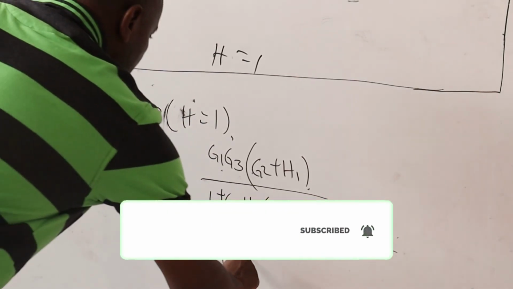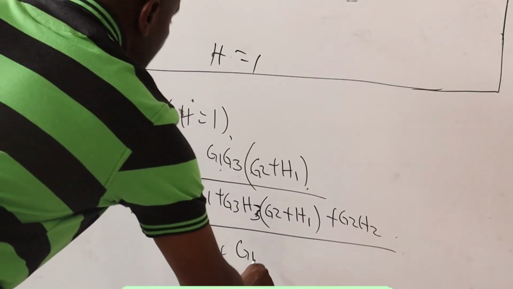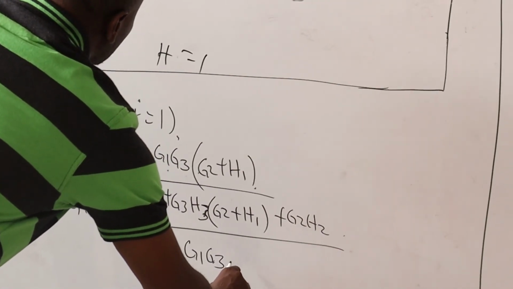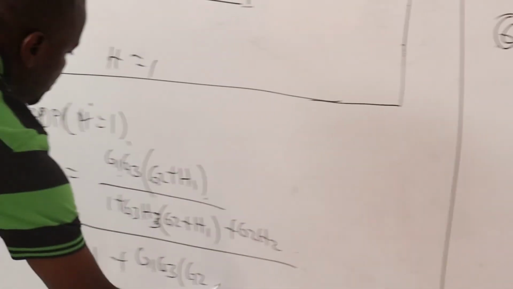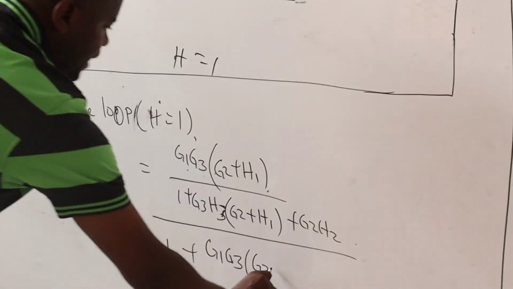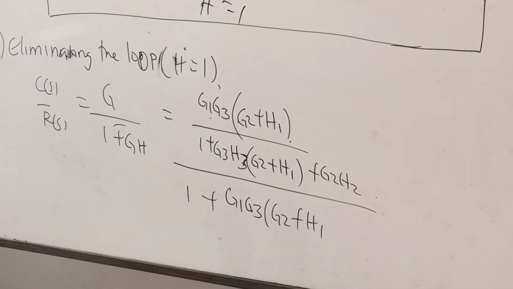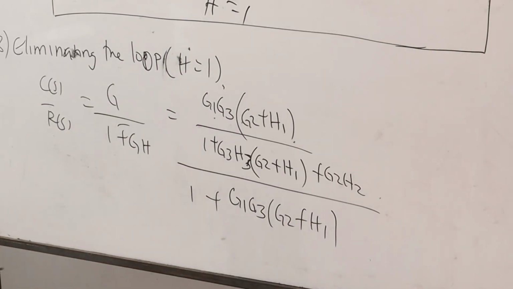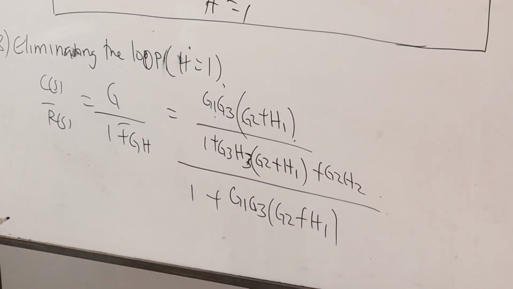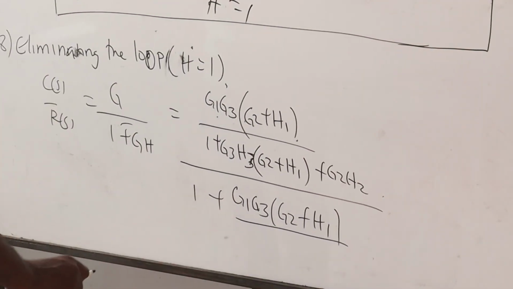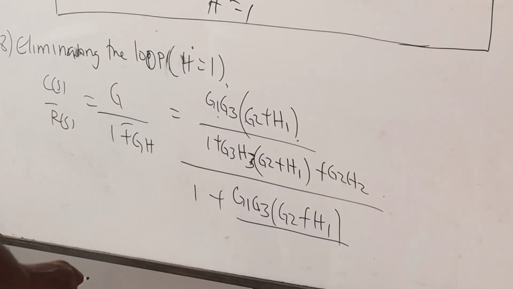So that is going to be G1 G3 into G2 plus H1, then all over 1 plus GH.